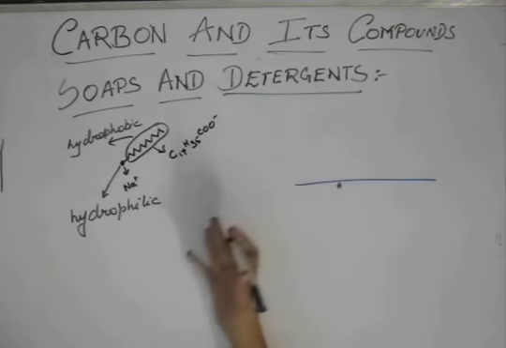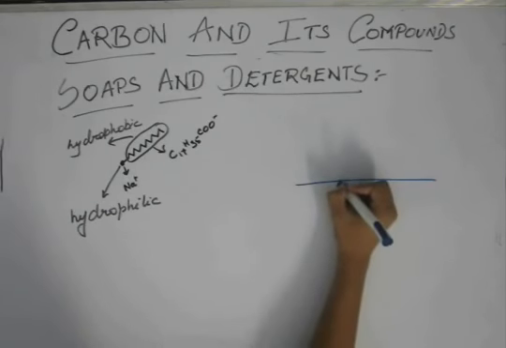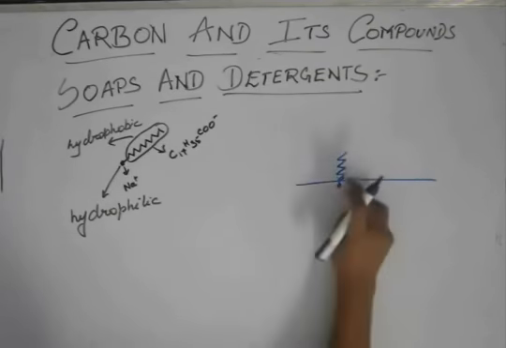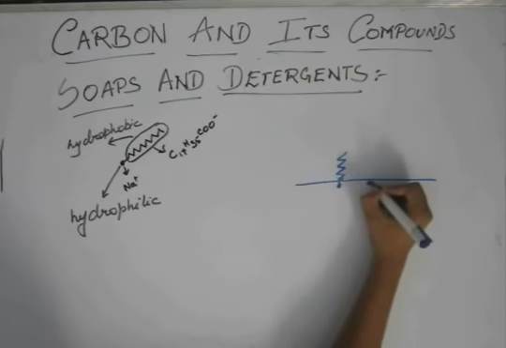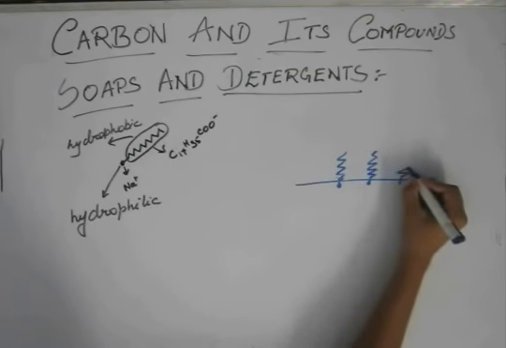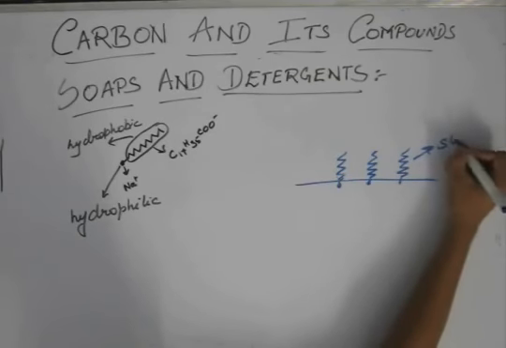So basically they will accumulate on the surface of water and it will stay like this. That means these hydrophobic ends will stick out from the water surface.